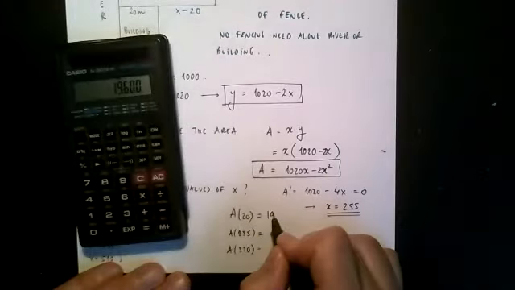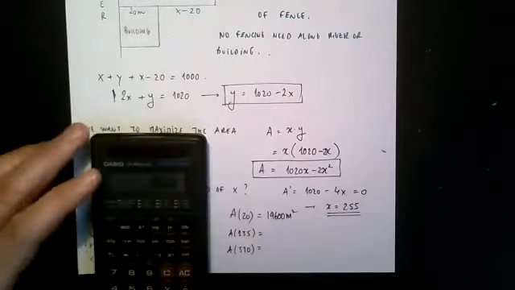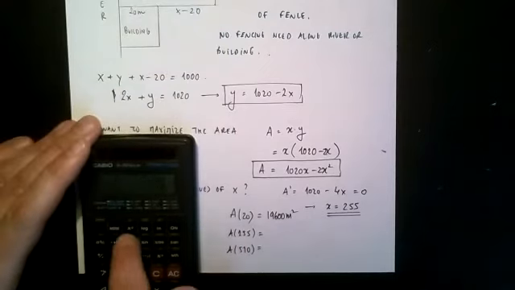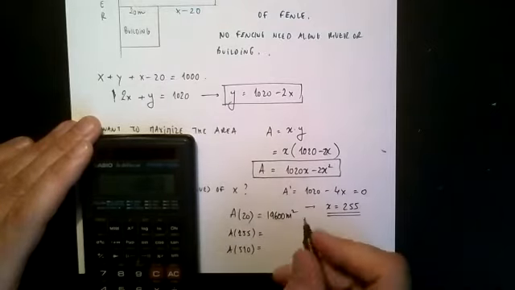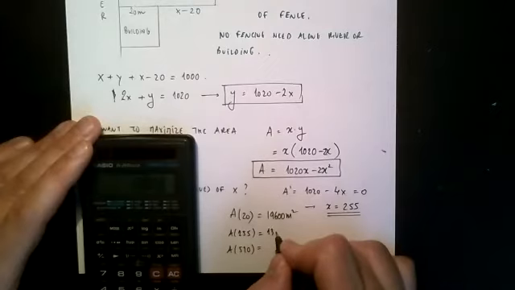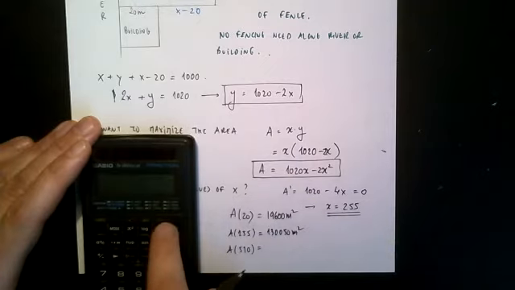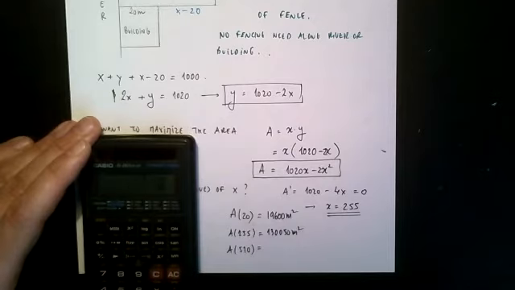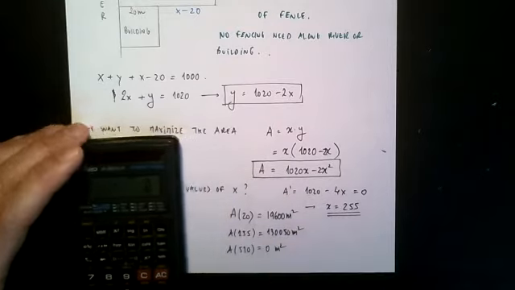I get 19,600 meters squared. Let's see at 255. Negative 2 times 255 squared plus 255 times 1020. I get 130,050 meters squared. That's pretty big. And then the last one, 510. Let's plug in 510 here, negative 2 times 510 squared plus 1020 times 510. I get 0 as expected, like you said in your question.